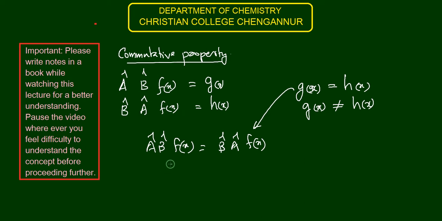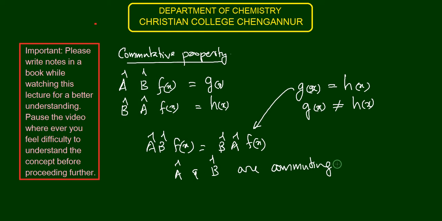Usually the result of the operation of two operators over a function largely depends on the sequence of operation. But if the sequence doesn't matter, like A cap B cap f of x and B cap A cap f of x give the same result, then you can say that A cap and B cap are commuting. So what is meant by commuting operators?